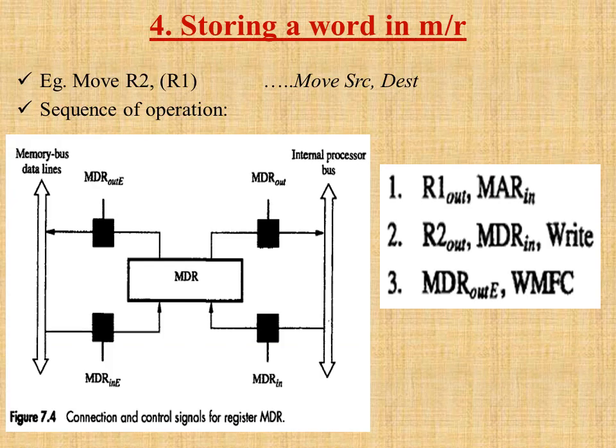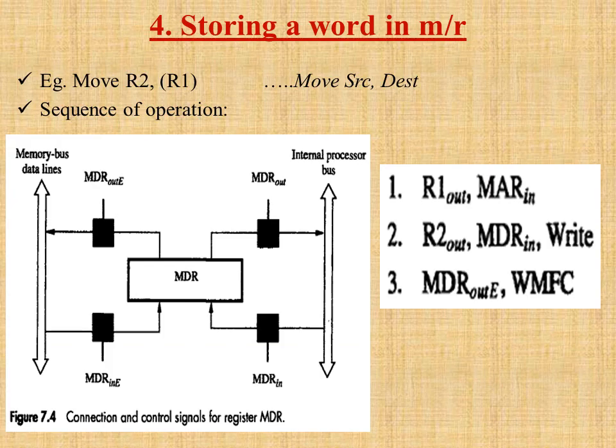Third, MDR out E, which stands for the external memory bus switch of the MDR, and WMFC, wait for memory function to complete. Once this third step is complete, there is no need to wait, as the memory indicates that the operation is completed.